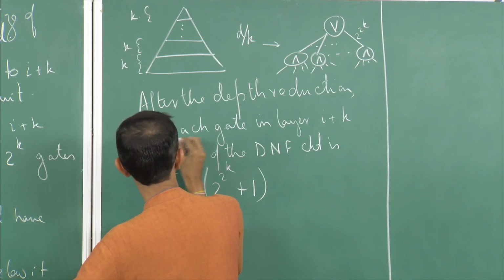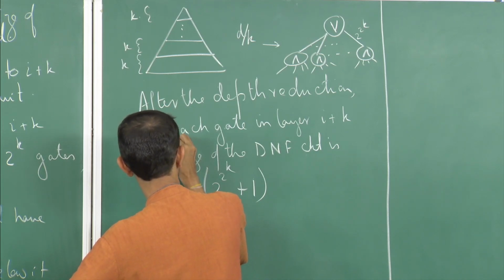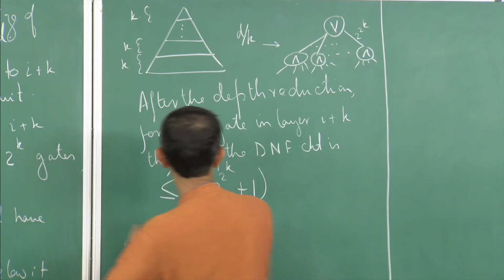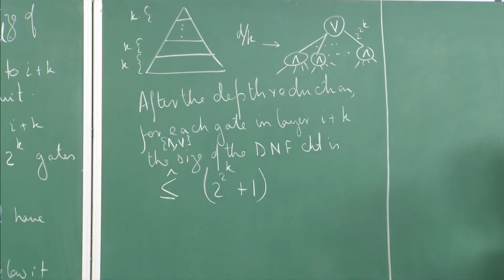Just write it over here: the AND OR size of the DNF circuit is at most this much. Okay.